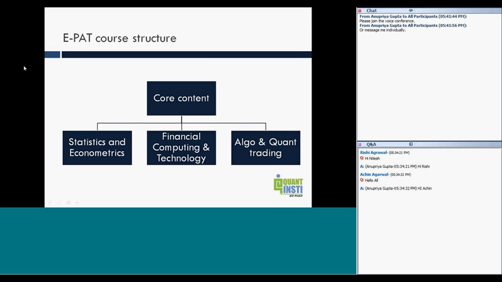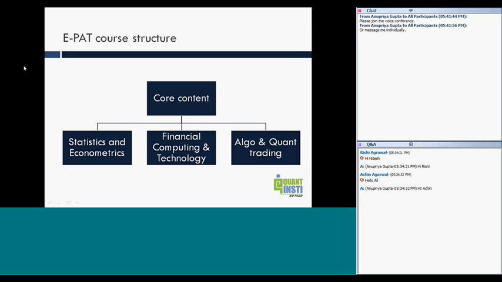Now, while we were using all these statistics, we will need a lot of financial computing tools. So at QuantInsti, we have a very strong preference towards using open source things. So we use R, which is R software, which is pretty decent and heavily used globally by different hedge funds for statistical analysis.